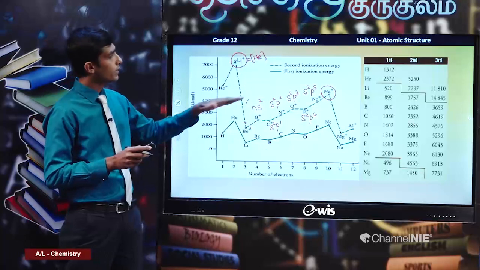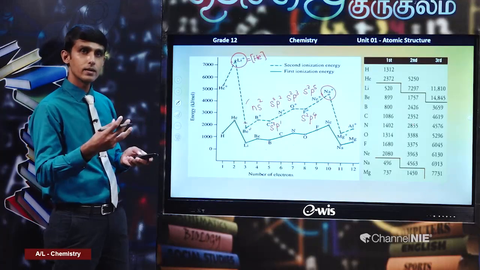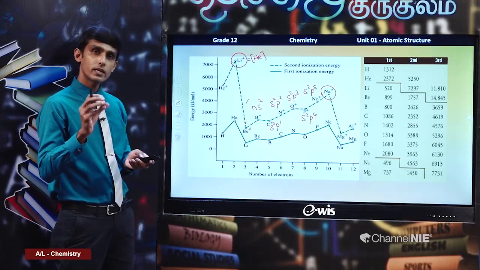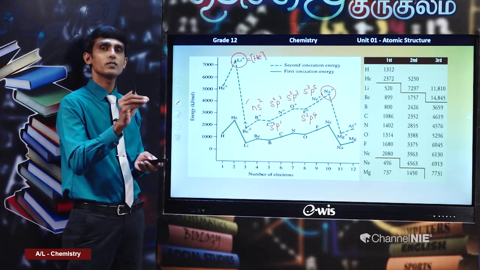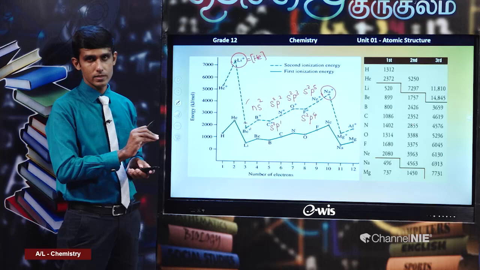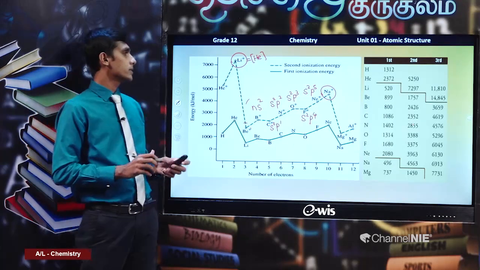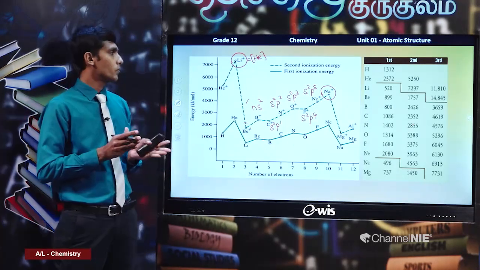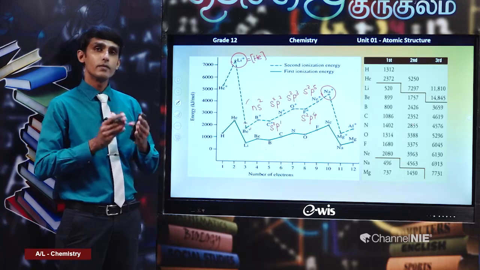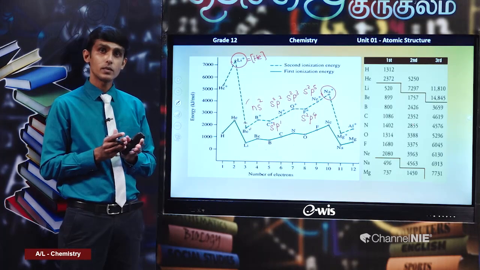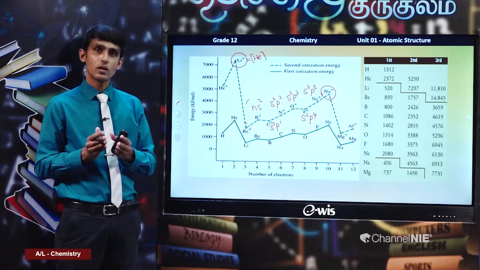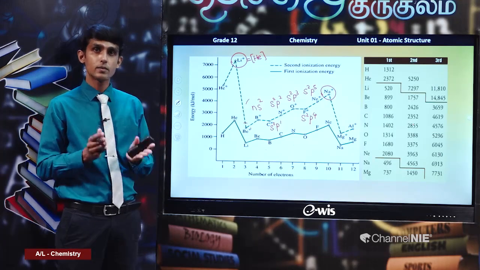So that variation can easily be obtained using the configuration which exists at the point of removal of the electron from that particular species. Right. This is the way how the first ionization energy varies across a period of non-transition elements which belong to S and P blocks, or the elements in S and P blocks.